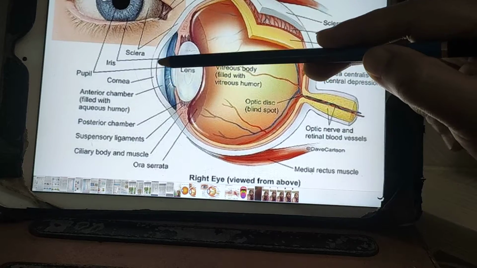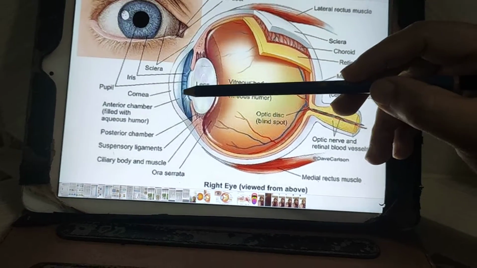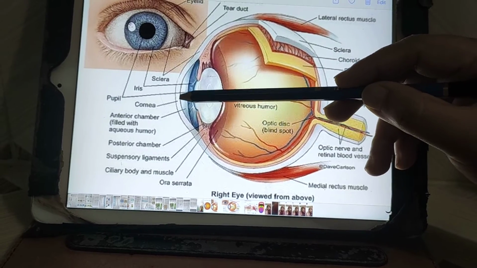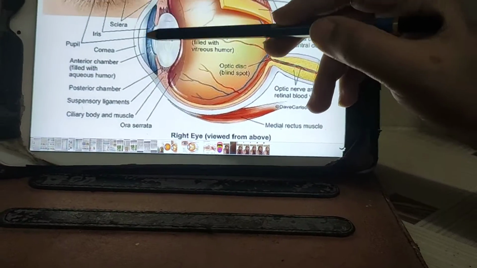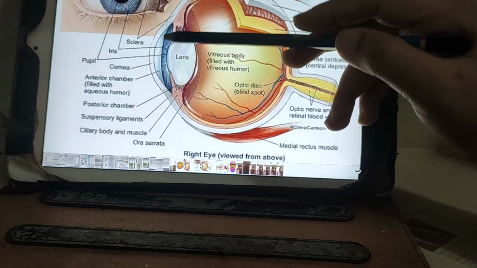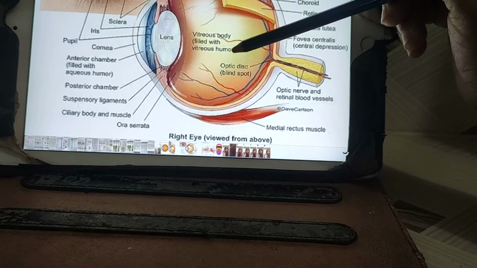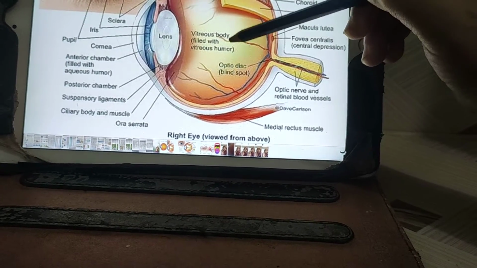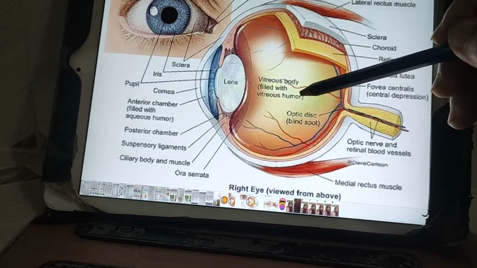Anterior means the front part and posterior means the back part. Here the aqueous or water-like fluid is called aqueous humor, and the posterior part is filled with jelly-like fluid called vitreous humor, okay.